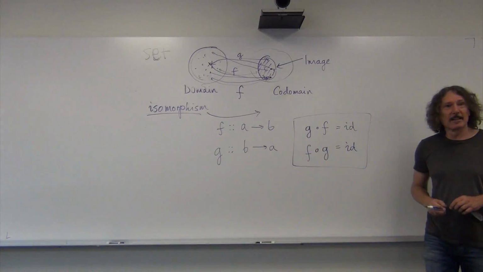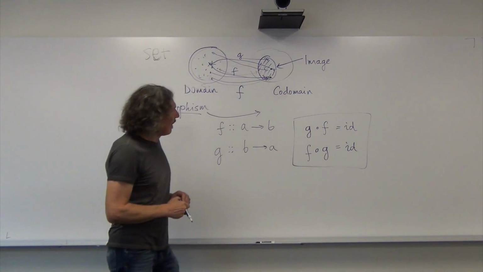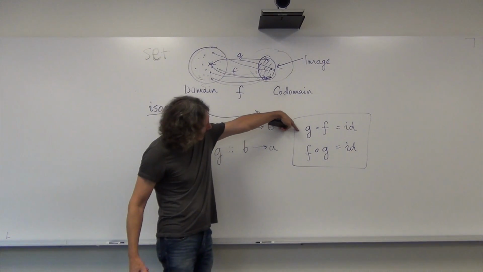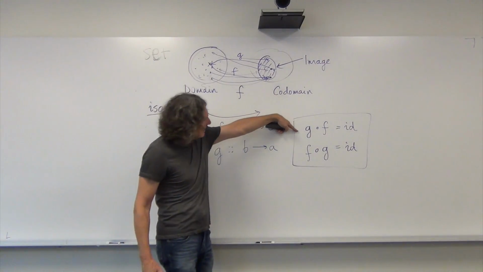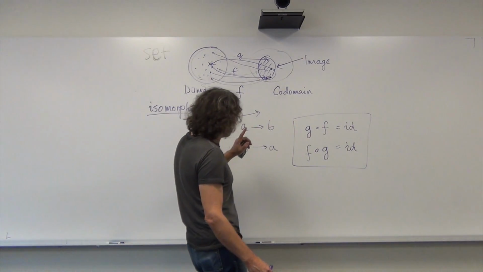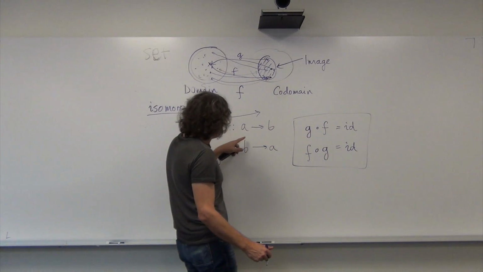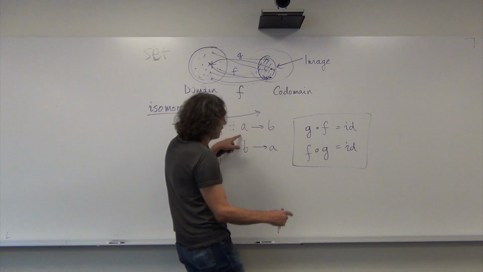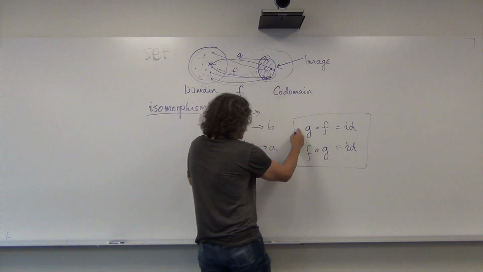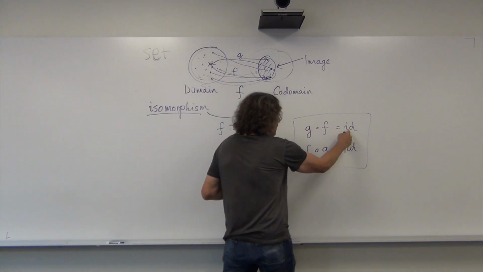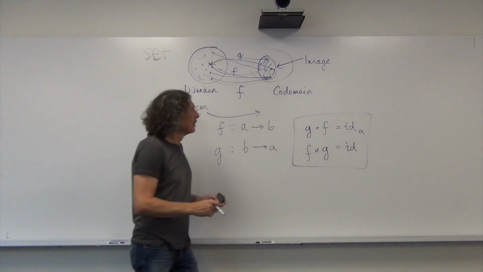And notice an interesting thing. This is in the language of categories, okay? Maybe with a little bit of additional notation. If F goes from A to B and G goes from B to A, then this is an identity in which object? In A, right?